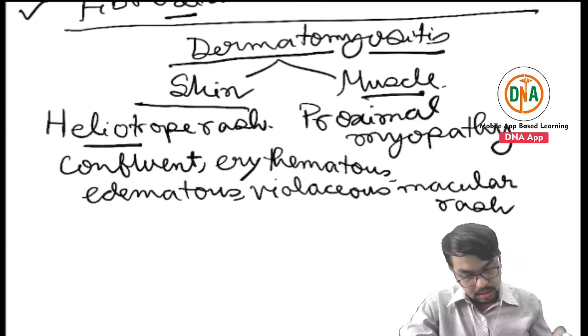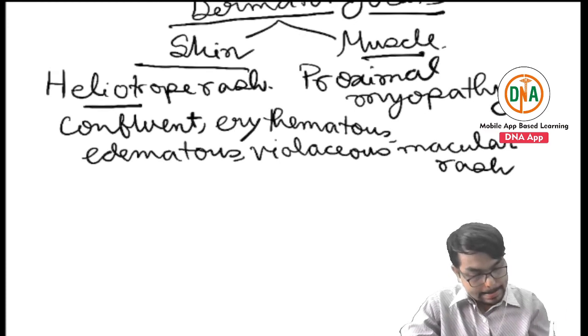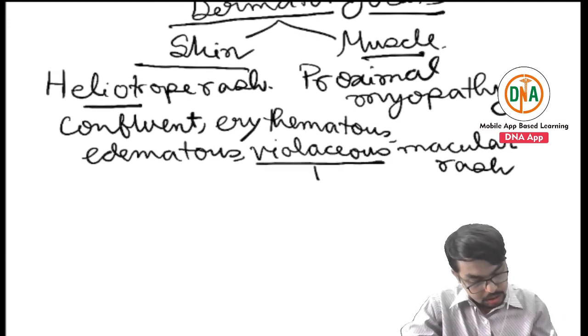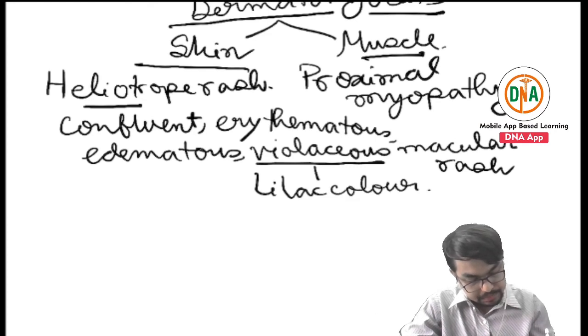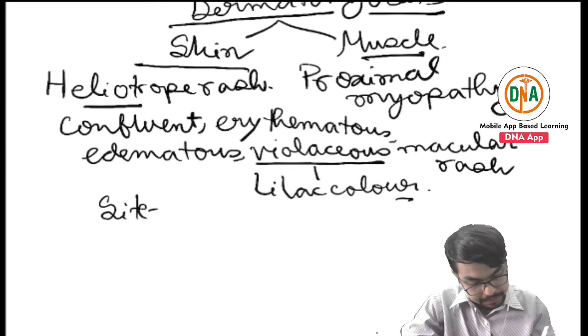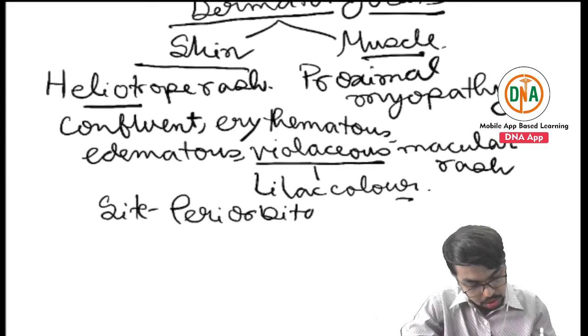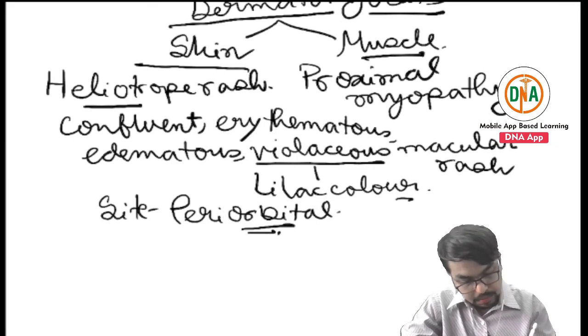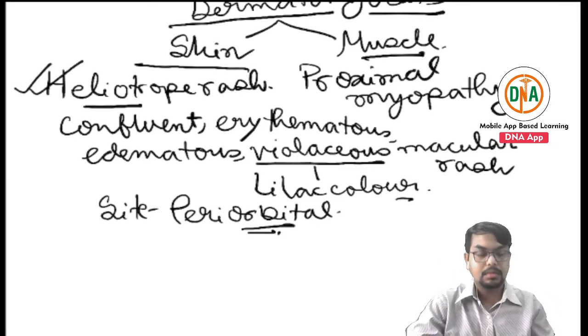Okay, this is heliotrope rash. It is also called lilac color. The site is periorbital involvement in heliotrope rash.